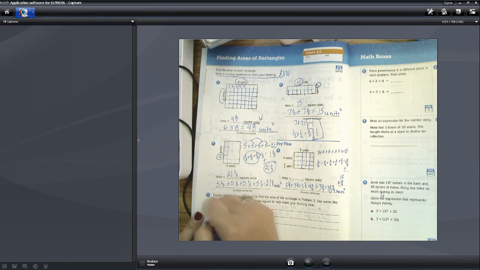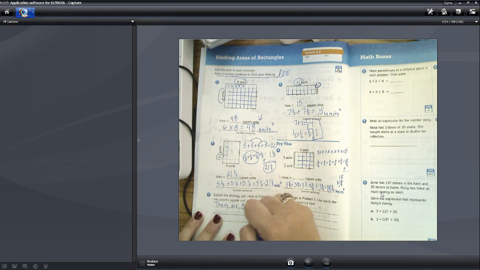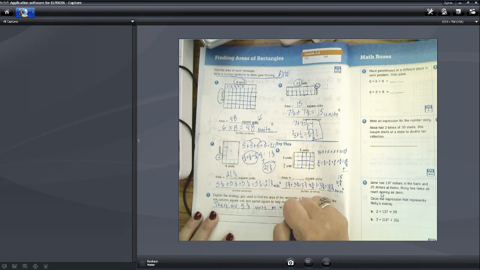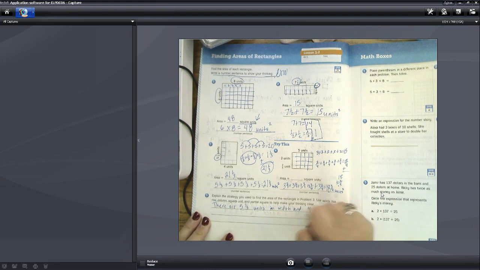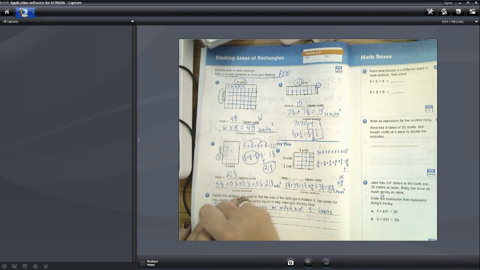So what did I do? There are 5 1/3 units in width and 4 units in length.